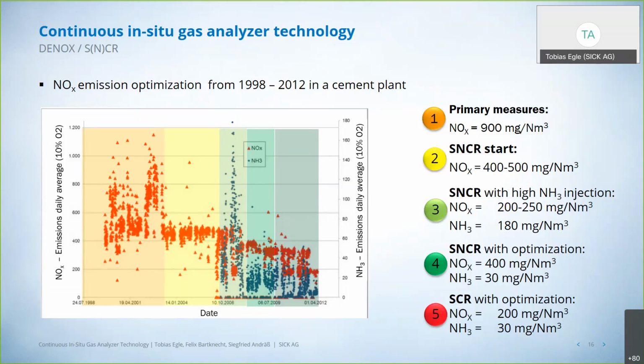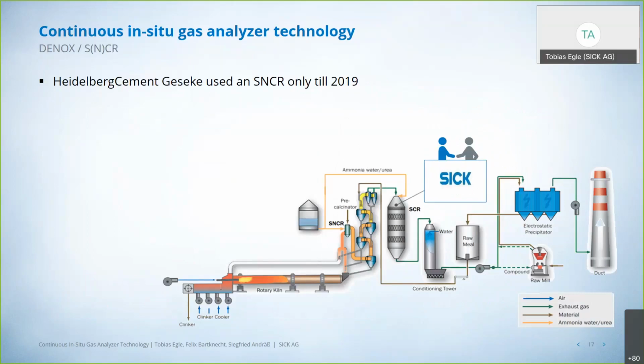In the next step, we will see what happens to that. As Heidelberg Cement is a highly appreciated customer and partner of SICK in many cases, the Heidelberg Cement Geseke plant in Germany used an SNCR until 2019, like many other plants.